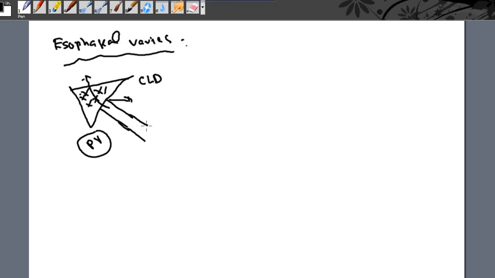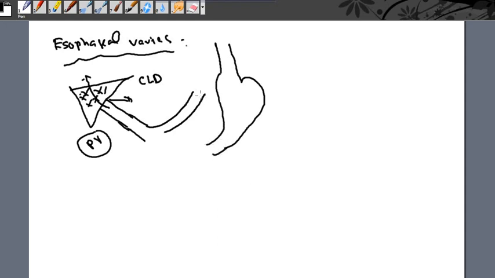So what they do, they try to use a different channel, and the portal vein has a connection with the esophageal vein, some vein in the lower part of the esophagus, right? So some of the blood from the portal vein tries to drain from the lower part of the esophagus, and this blood comes from the GIT or spleen.